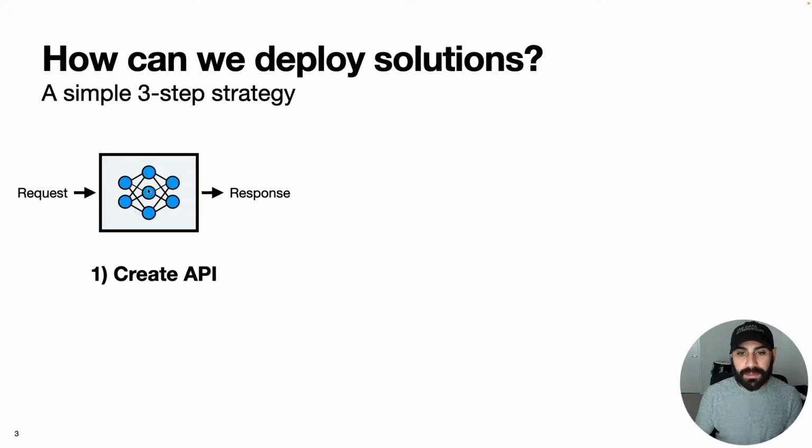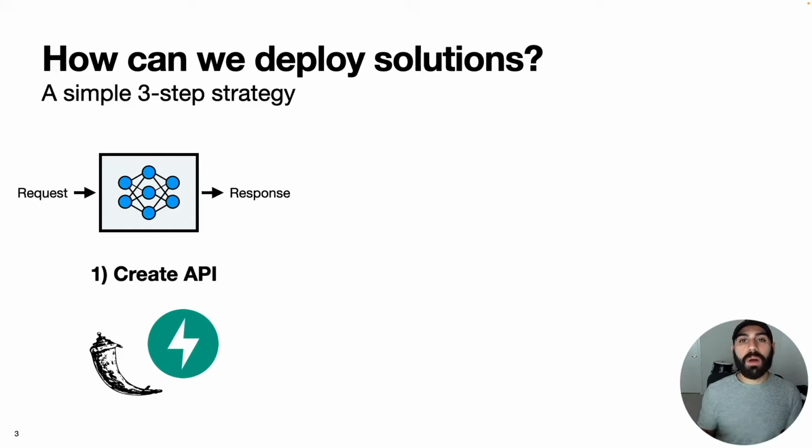What this looks like is we take our model and we wrap it in this API, which is represented by this box here, and then people can send requests to the API and receive responses from it. In the case of a model, the request will be the inputs of the model and the response will be the outputs. Two popular libraries for doing this in Python are Flask and FastAPI.